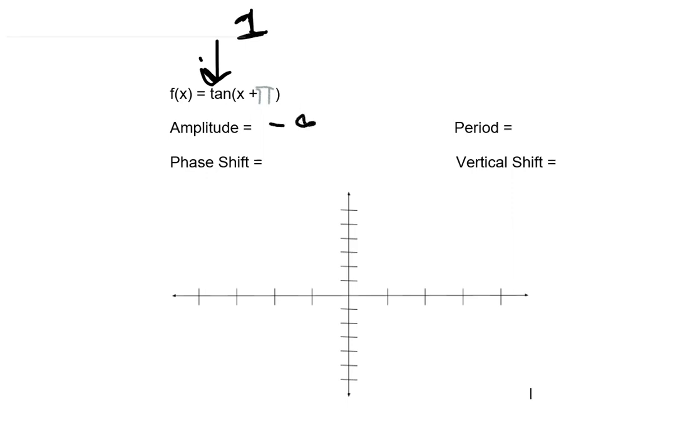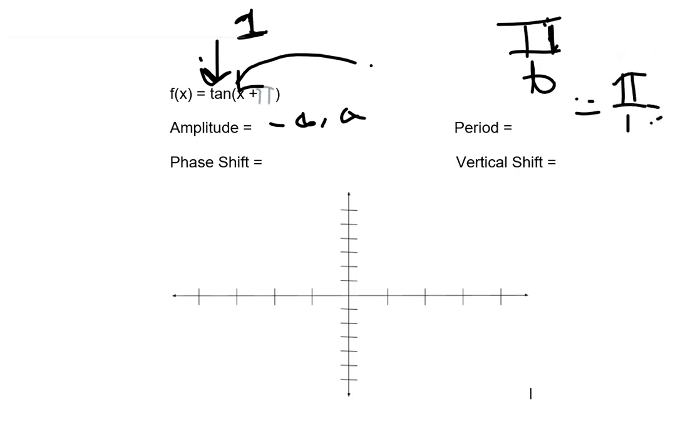Now remember, it's going to go to negative infinity and infinity. My period then is going to be pi over b. My b value is whatever I have next to my x. My b value is a 1. So my period is going to be pi over 1, or just pi.